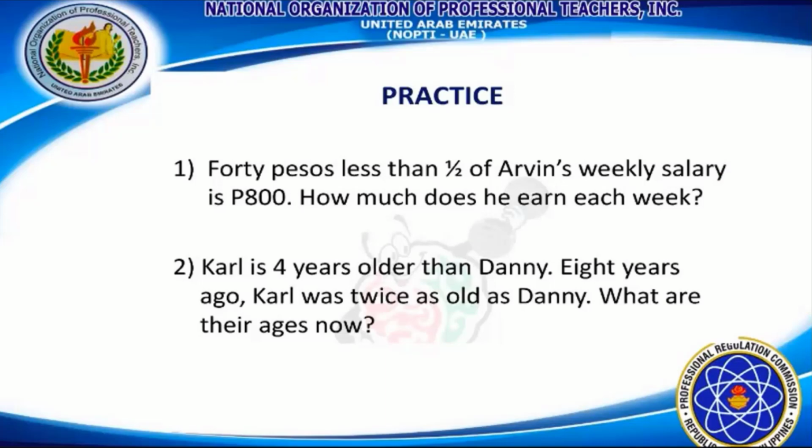Carl is 4 years older than Danny. 8 years ago, Carl was twice as old as Danny. What are their ages now?